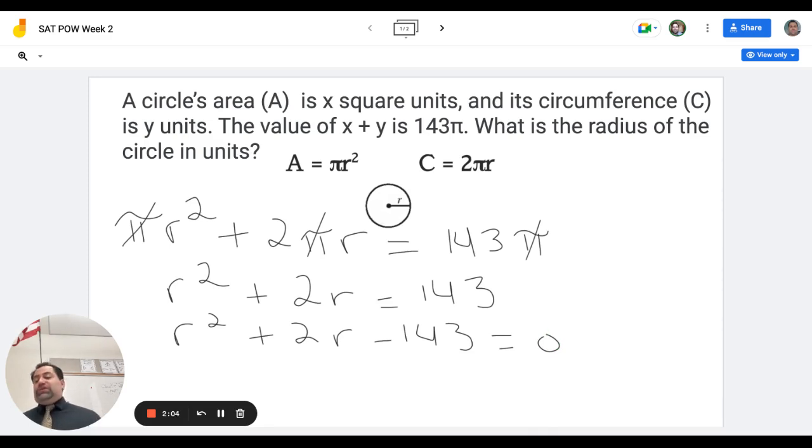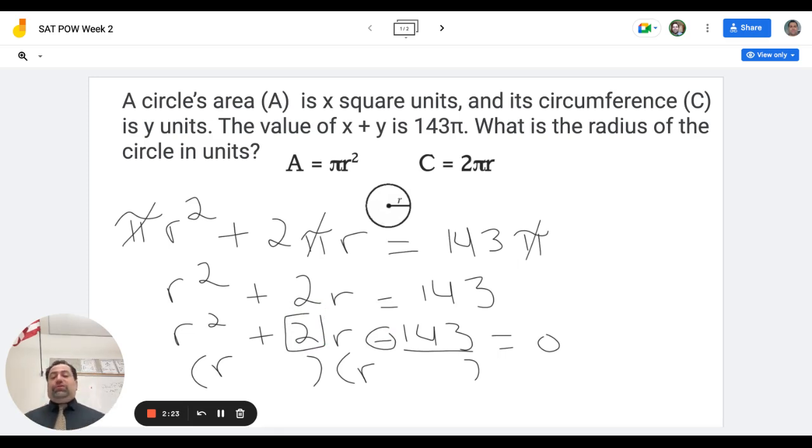This trinomial is factorable, so what we can do is we can set up two parentheses, put an r in each, and now I need factors of 143 that subtract to positive 2.